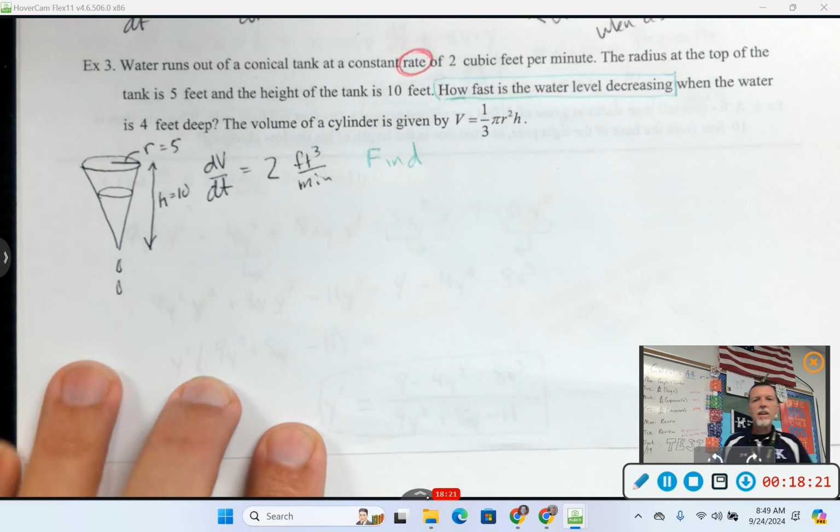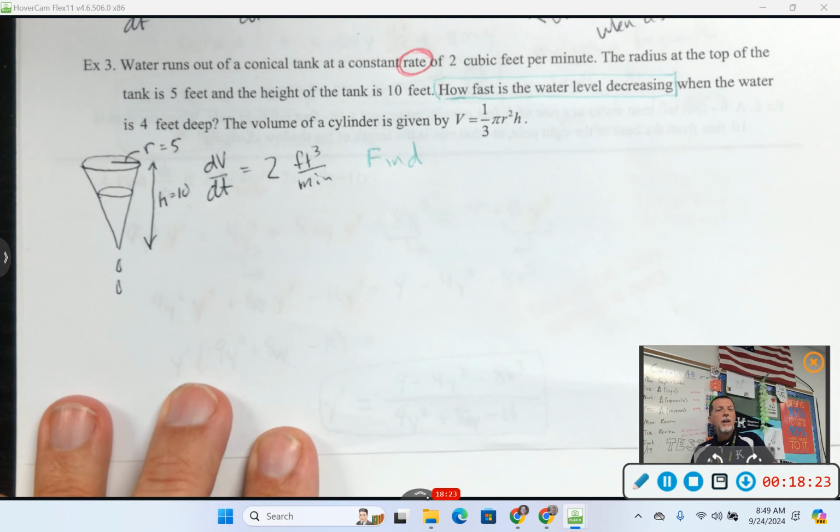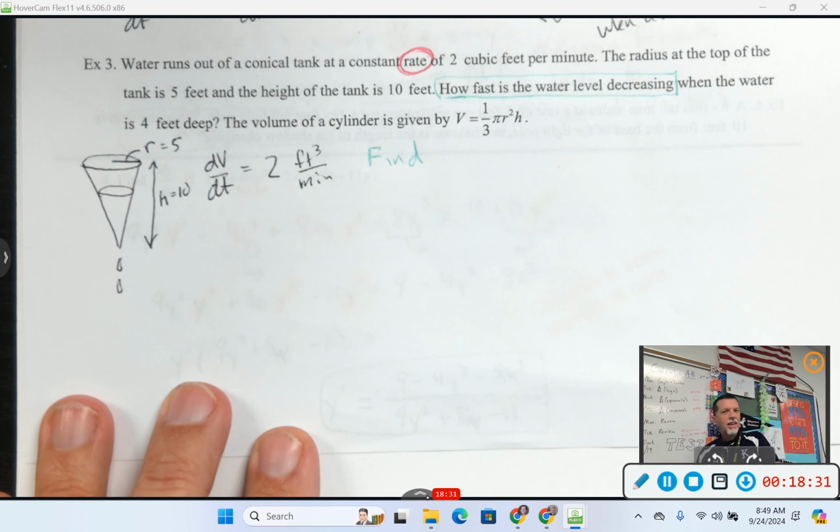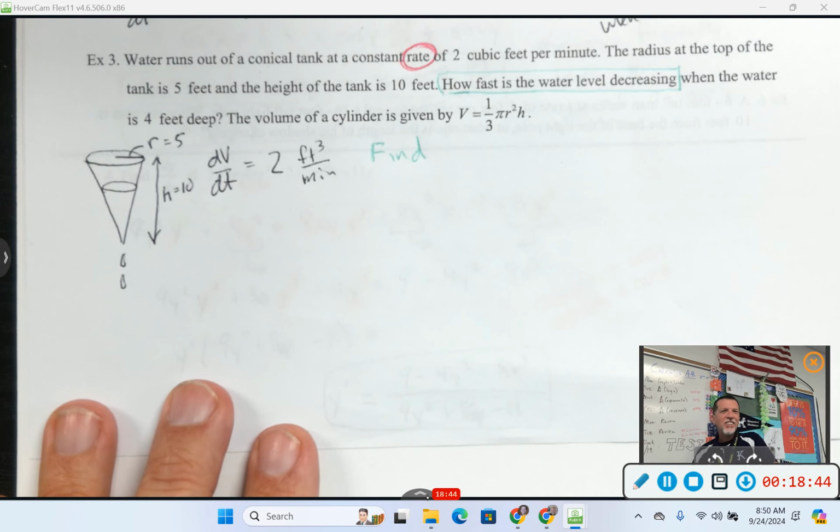Find. It's related to height, but it doesn't say how high is the water, because the water is 4 feet high. But height measures the water level, so you're close with height. You're close with height, but the height is changing.